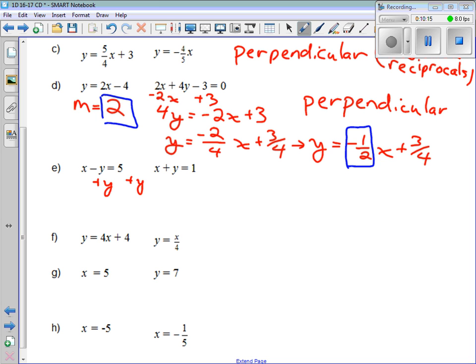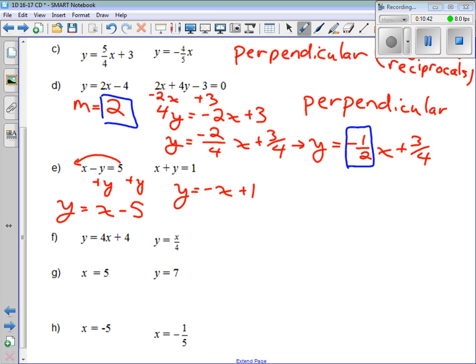So I'll get, and then I'm going to move the 5 over there. What I get here is y equals x minus 5. Is that right? Yeah. What do I get over here? I get y equals negative x plus 1. Subtract x from both sides.